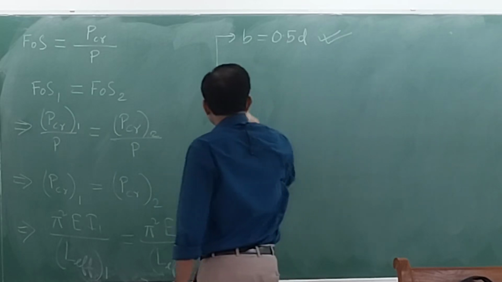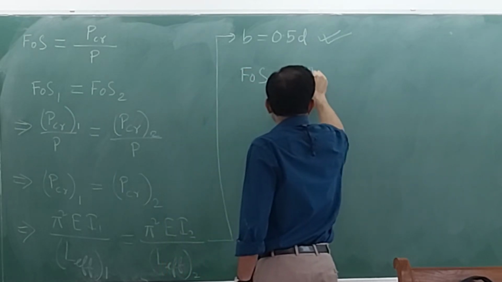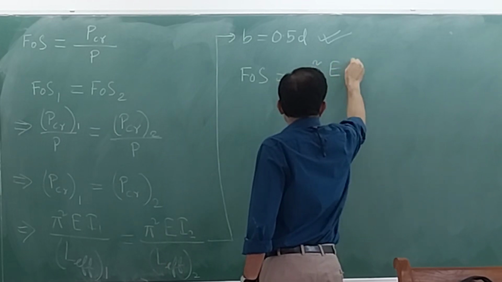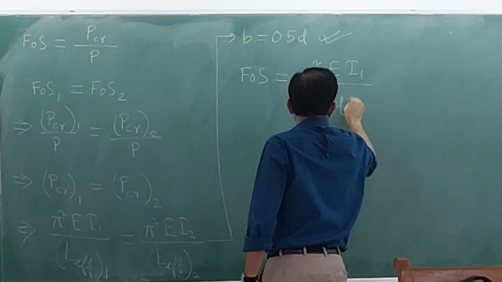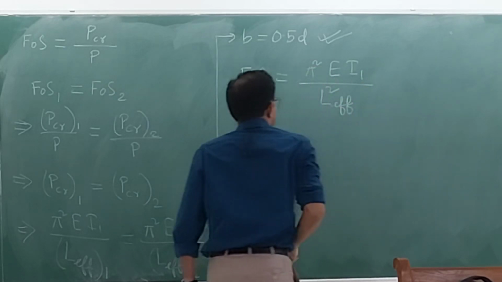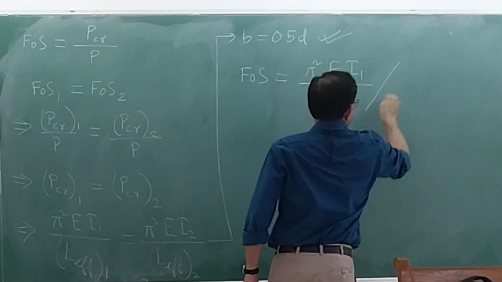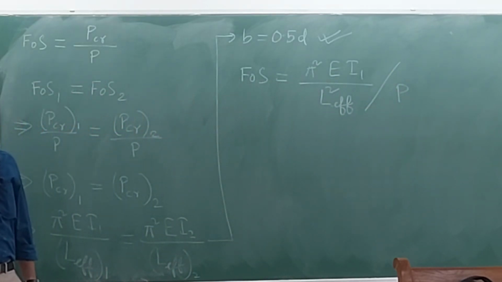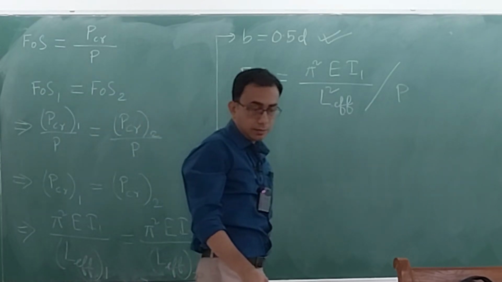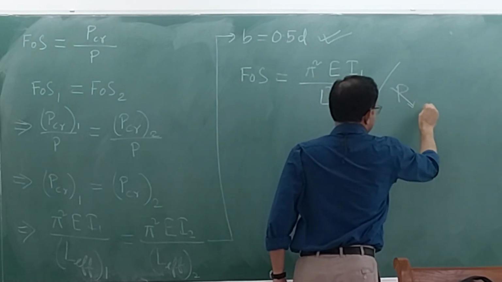After you have done that, in order to find the factor of safety, this is what you have to do, divided by P. This P is the 8 kilonewton, it is given.